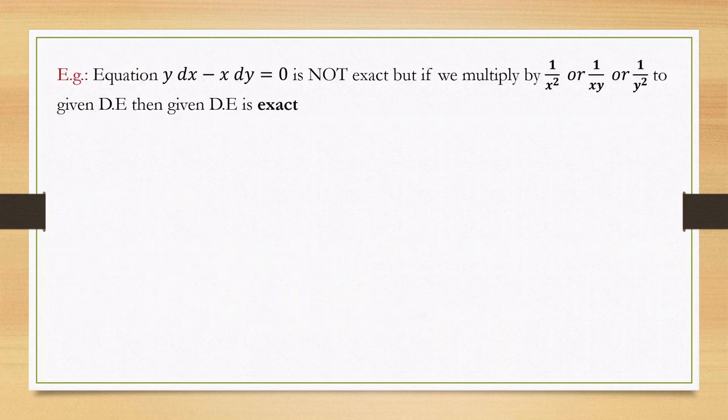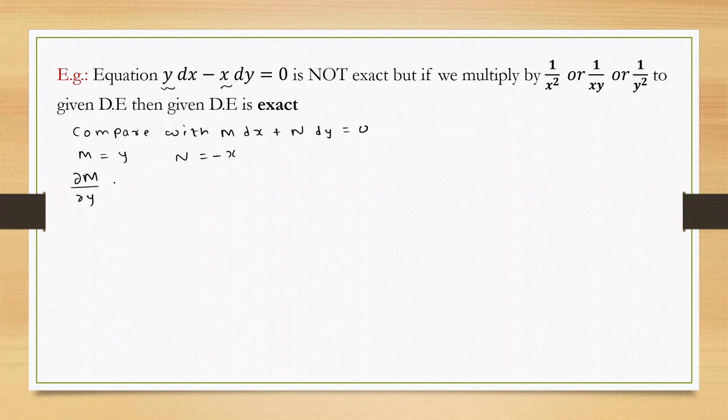Now, consider the differential equation y dx - x dy = 0. It is not exact by default. So let us see this. Compare with M dx + N dy = 0. What is M here? M is y. And what is N here? N is minus x. So what is ∂N/∂y? It is 1.